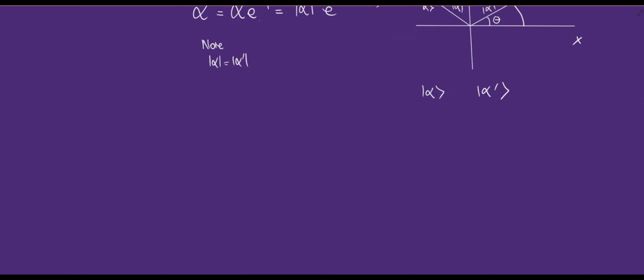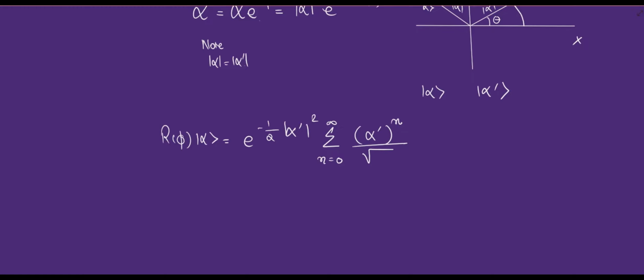So in that case we can write R phi on alpha equal to e raised to minus half mod of alpha prime square, because mod of alpha is equal to mod of alpha prime, summation n equal to 0 to infinity alpha prime raised to n divided by root of n factorial into ket n.